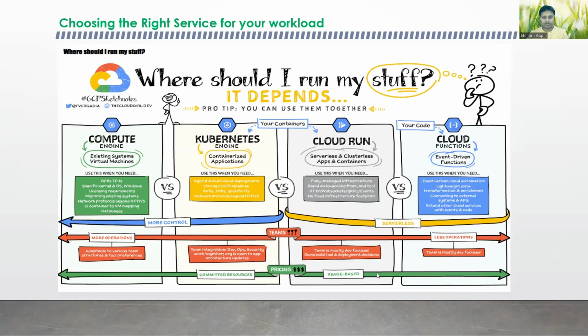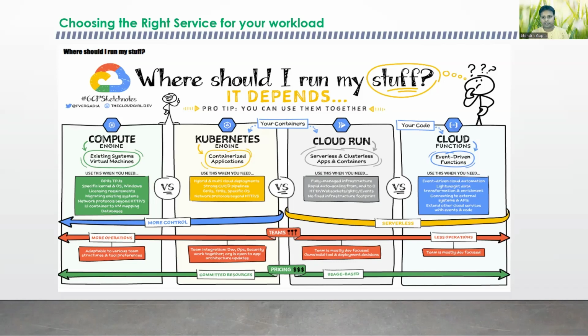So this is how you define where you want to deploy your code, which service you want to use, or you can have a scenario where you will be using multiples of it. I mean, some of the components you will deploy in compute engine, some will go into Kubernetes engine, some of it will go to Cloud Run, and for triggering some components, I want to use Cloud Functions, right?